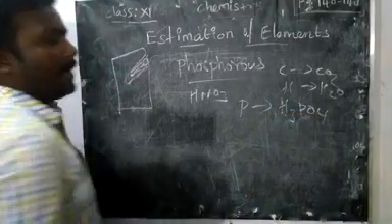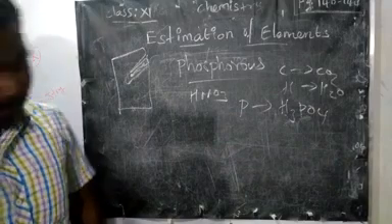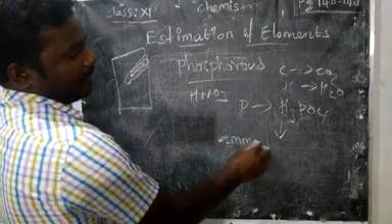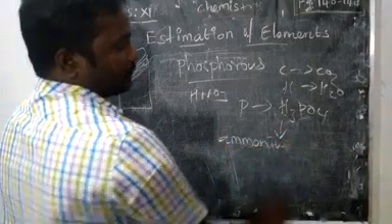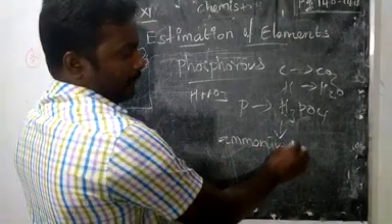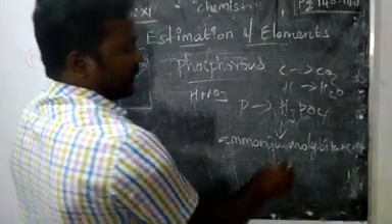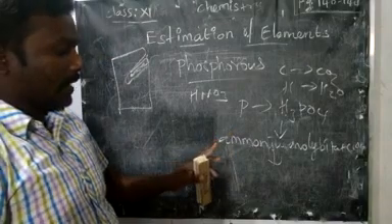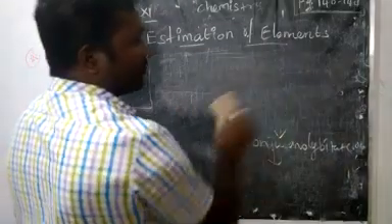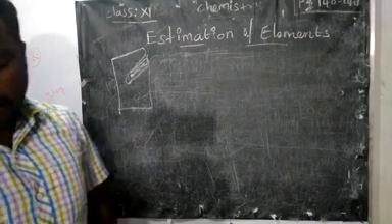Then we can remove the gases, and we will get this phosphate compound. Further it is added with ammonium molybdate. If you add ammonium molybdate, it will give ammonium phosphomolybdate. That is the final product. By using that product, we can find the mass of phosphorus present in that organic compound.